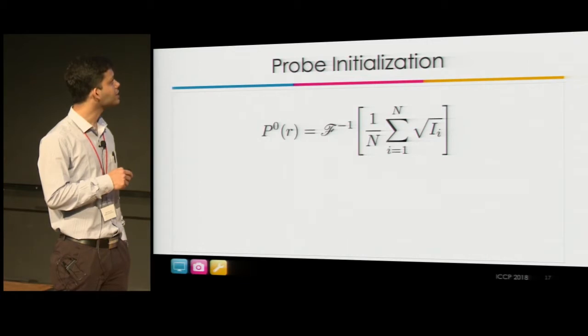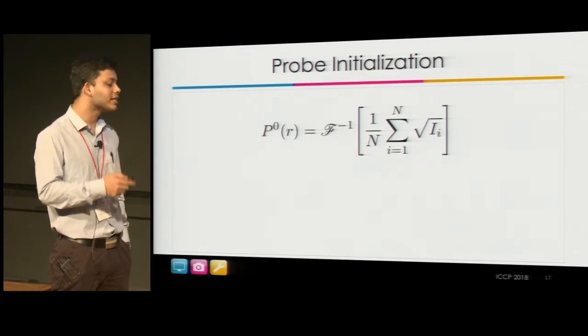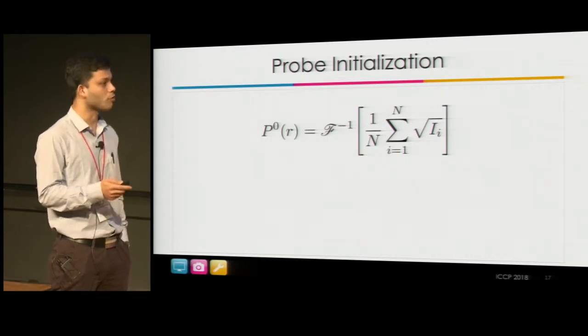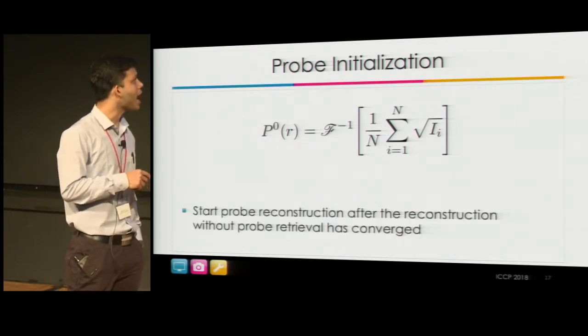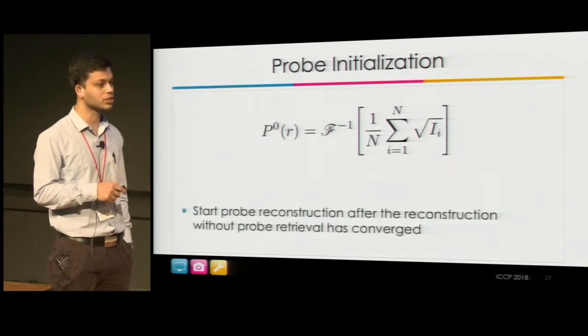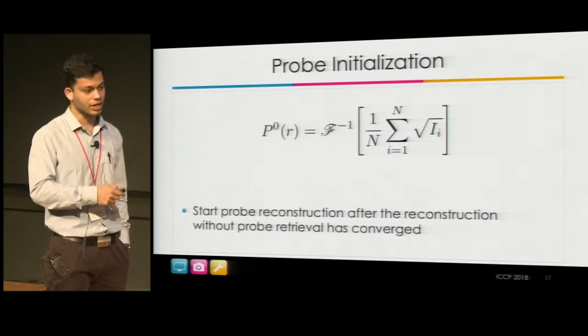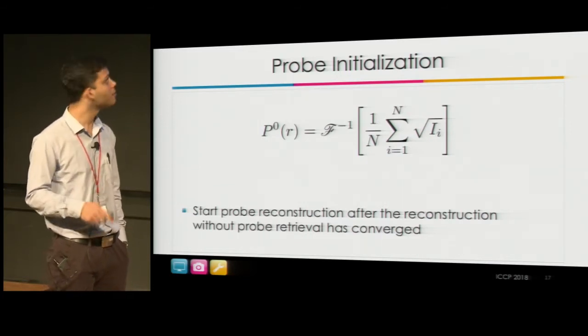This is not a perfect initialization, but it gives you a starting point from which you can recover. Also, we only start reconstructing the probe after we have converged reconstructing the object without probe retrieval.